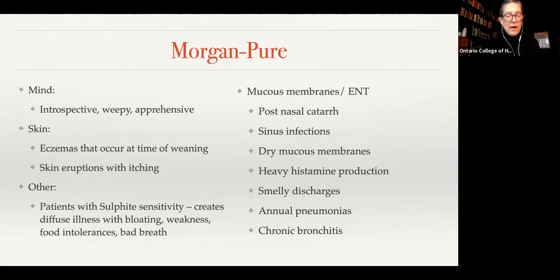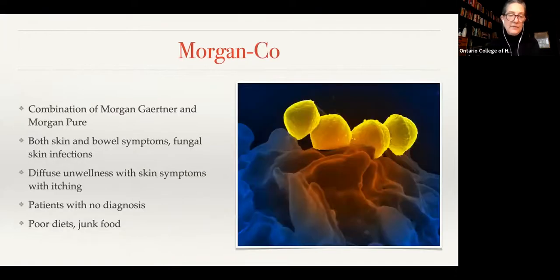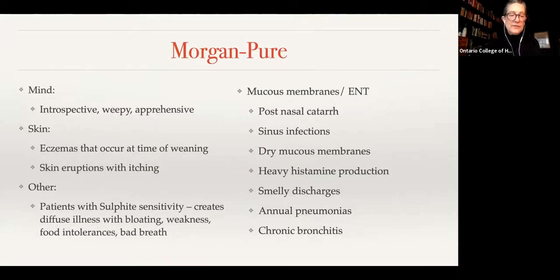And I want to mention that this is a remedy that's indicated for patients with a strong sulfite sensitivity. Sulfites in any form create diffuse illness with bloating, weakness, food intolerances, and bad breath.